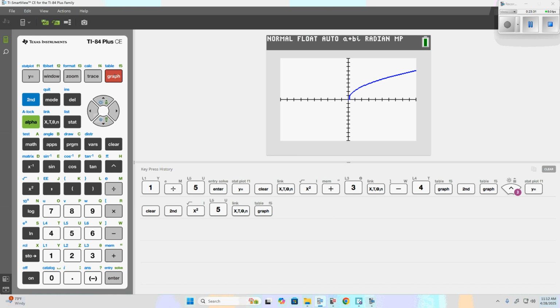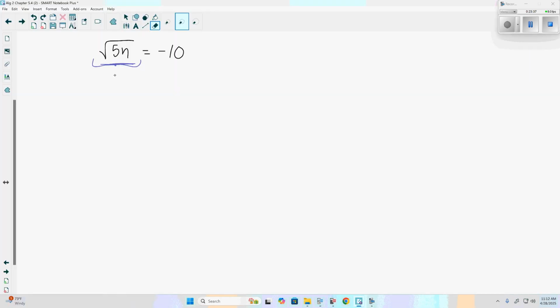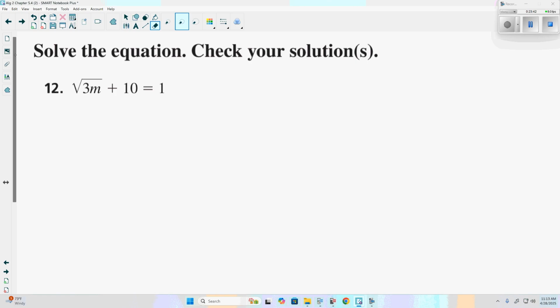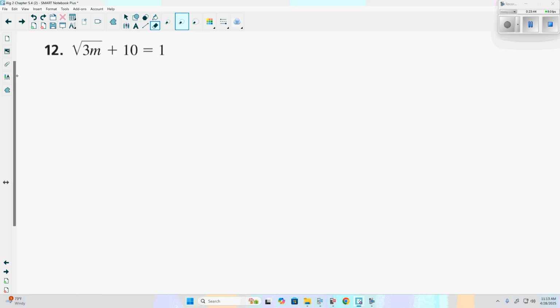It cannot be a negative number. There is no number that we can take the square root of and get a negative. It just does not work. That's part of the reason we get this imaginary or no solution for this here.